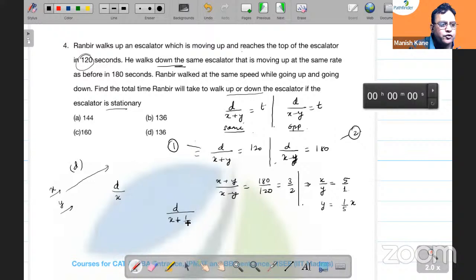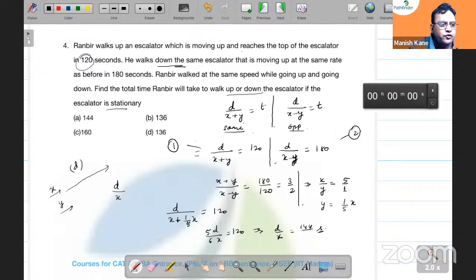So instead of y, I will write 1 by 5 x, and this is equal to 120, which means 5d by 6x is equal to 120, which means d by x is equal to 144 seconds. d by x must be equal to 144 seconds.